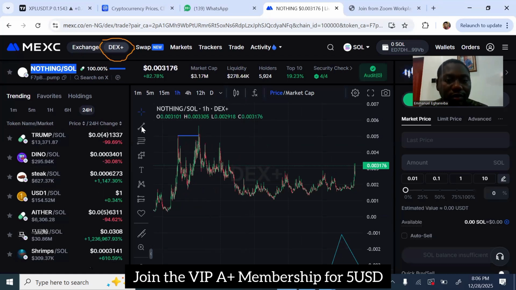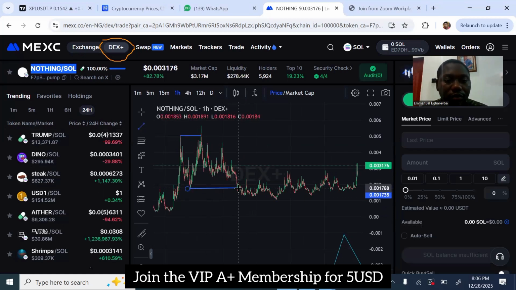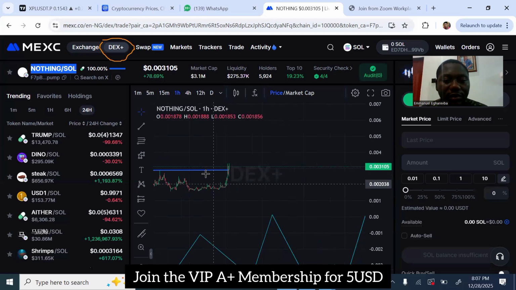We came here, swept this bottom, broke structure, and then we start looking for buys.